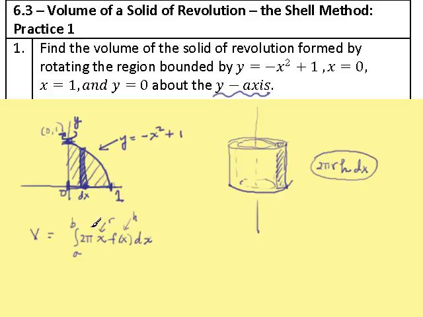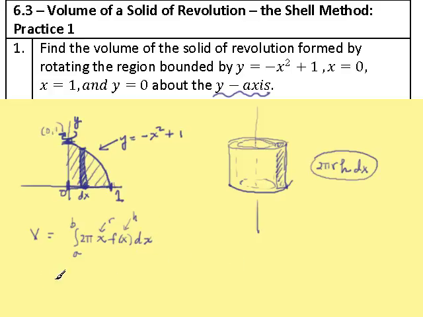So here's the formula again based on 2 pi r h. And x varies depending on where we are along underneath this curve. So x is going to vary from a to b, in our case from 0 to 1. Every time x changes, so does the position of this rectangle.